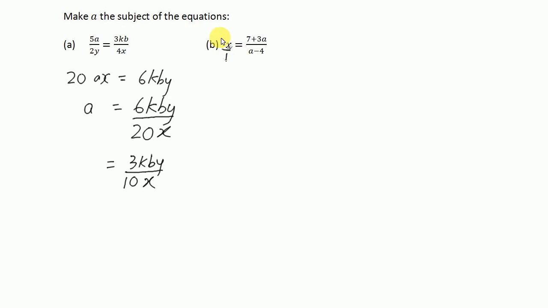Now we have two fractions on both sides of the equal sign. Cross multiplying will give me x multiplied by a minus 4 equal to 1 multiplied by this, 7 plus 3a.